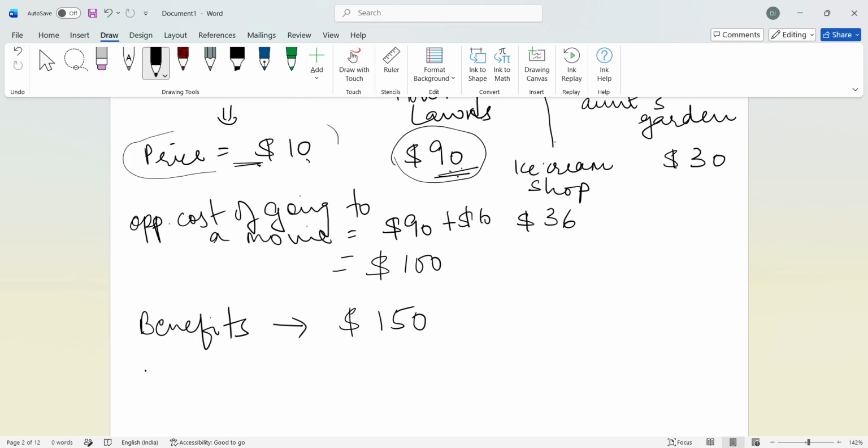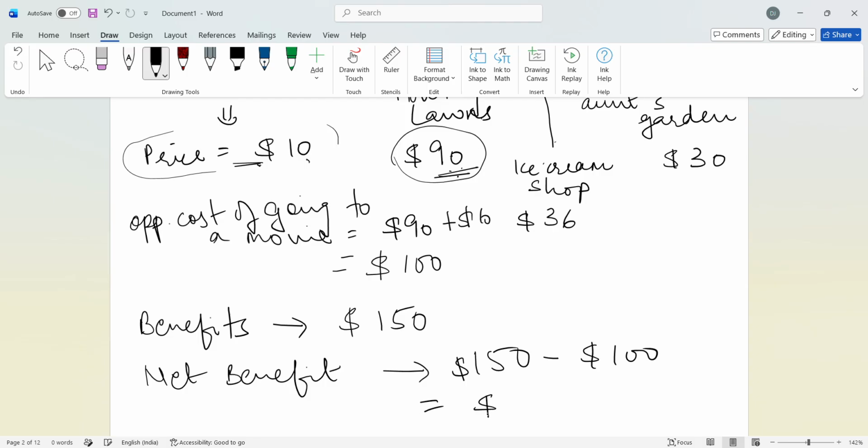So I'll just subtract the two and see whether my net benefit is more or less. So it's $150 minus $100. That gives me $50. Since the net benefit comes out to be positive, yes, it's a rational decision to go for a movie and not go for mowing lawns. Do you understand? I hope you do.